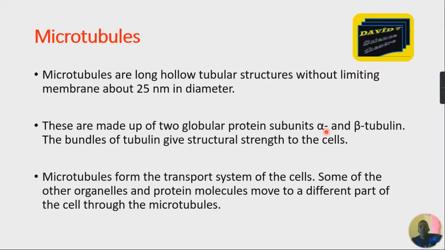The microtubules form a transport system of the cell. Some of the other organelles and protein molecules move to different parts of the cell through microtubules. Being tubules of this diameter, there are some proteins which are capable of traversing their lumens and going to other parts of the cell.